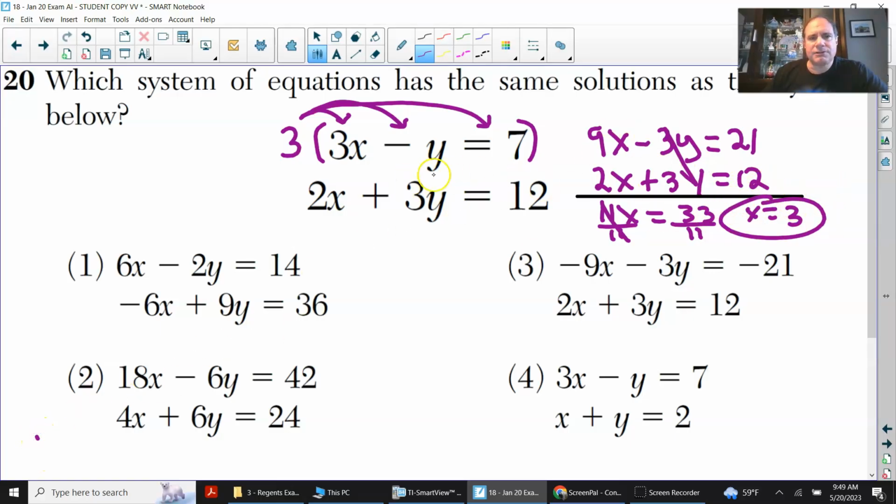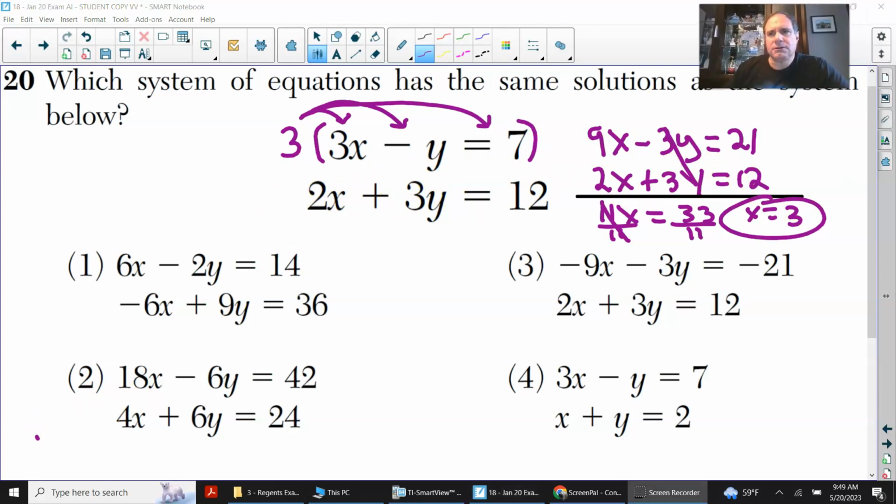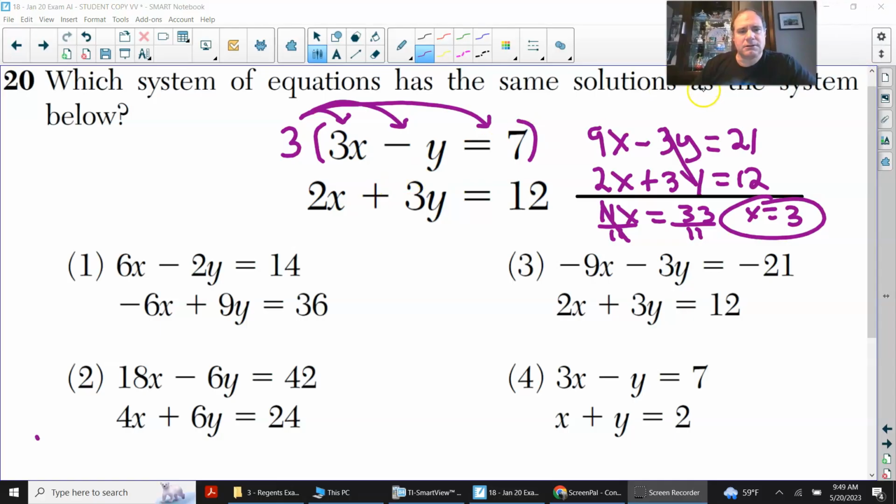So now I'm going to substitute in to get the y, and I'm going to choose this first one. So I'm going to go back over here. 3x minus y equals 7. All right, I'm going to put 3 times 3 in. I'm going to substitute that 3 in.